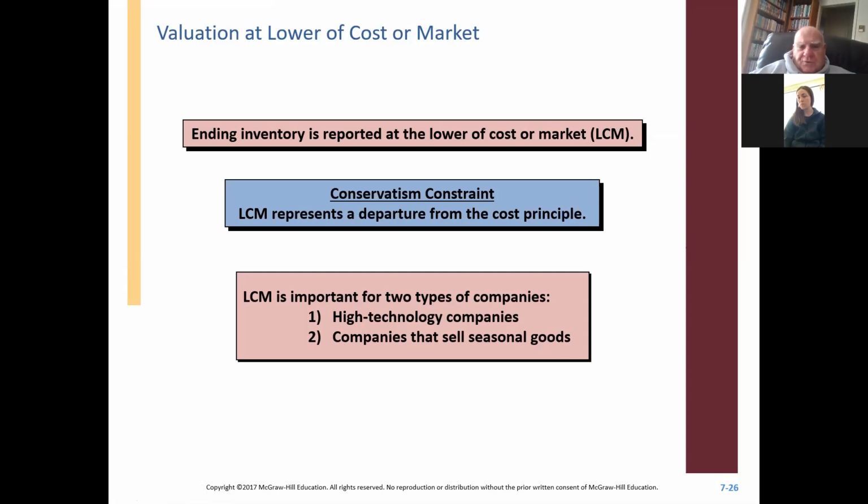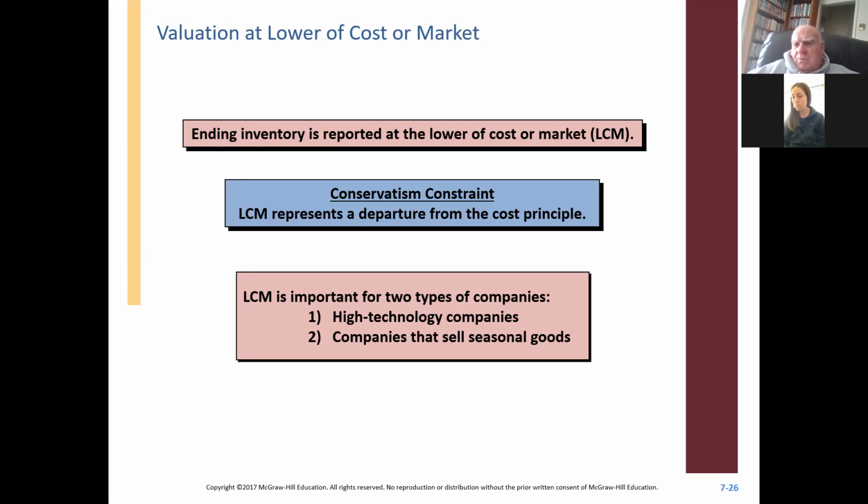Lower of cost or market. You bought a bunch of shirts a year ago, and you paid $20 for each t-shirt, and you've been selling them for $30, and after a while you don't sell too many, and then suddenly the sales seem to almost stop. Salesman comes into your office and says, these $20 sweatshirts, our competitors are selling them for $15.